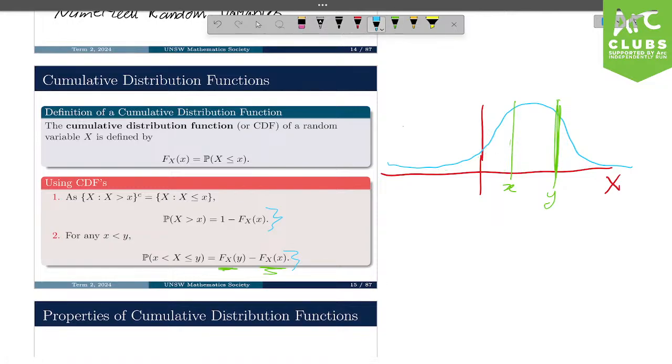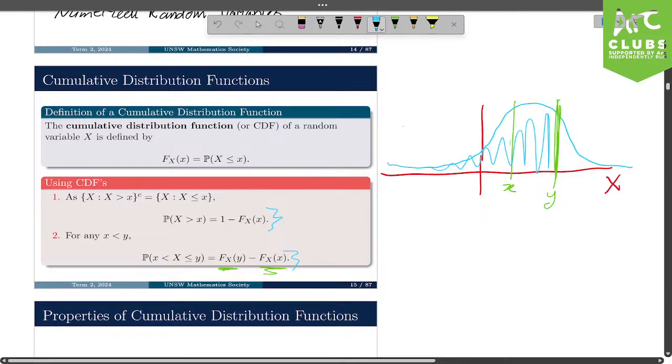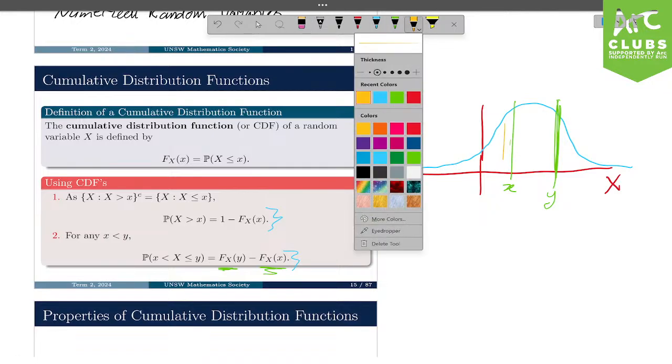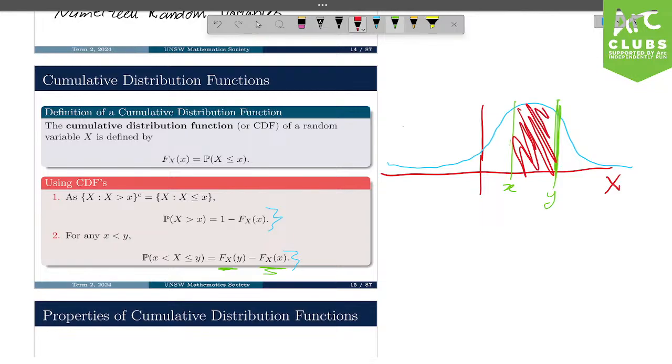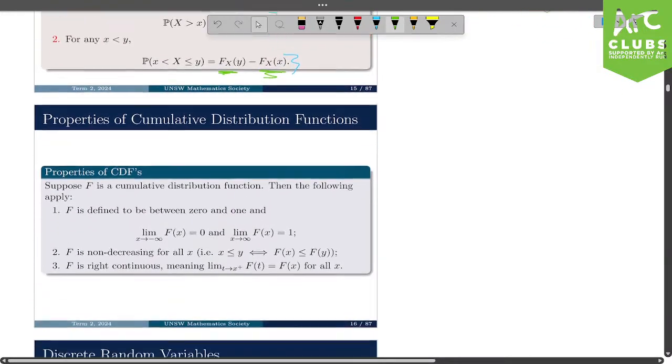So I take the area, which is just here, and I subtract off this area. And then I am left with just this area in the center. Cool. That's just, I guess we'd call that algebra, or just manipulation of cumulative distribution functions.